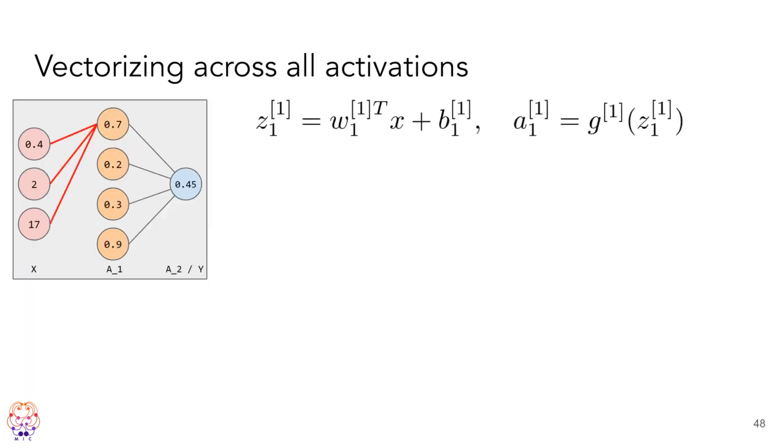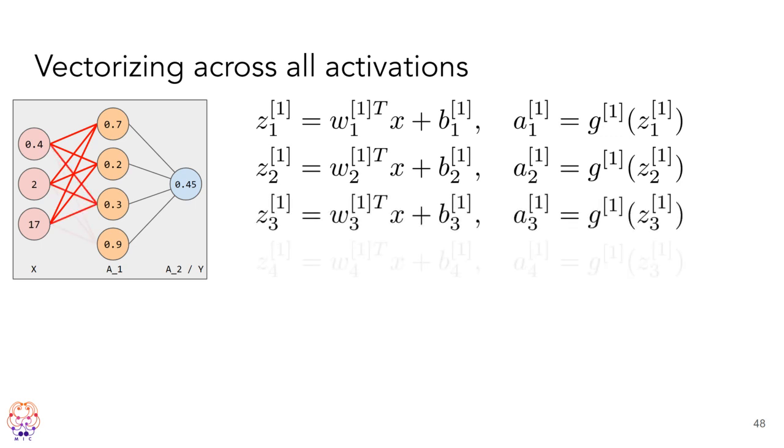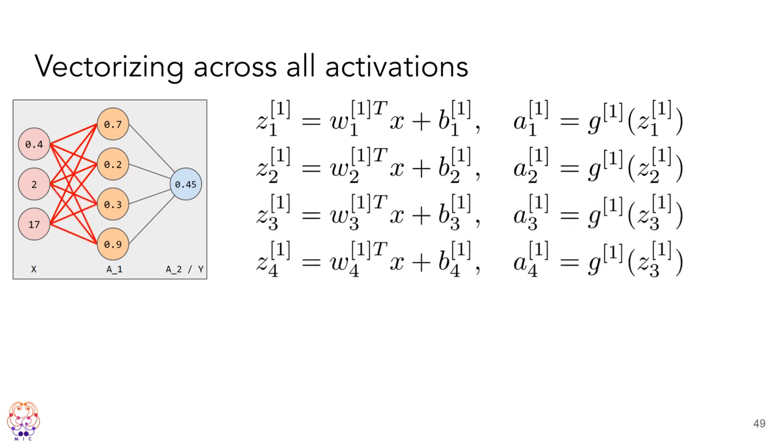So now we're going to do vectorizing across all activations. This is the equation for the first activation. And then we have the equation for the second, and the third, and the fourth. Basically, it's the same thing we had in vector notation, and we are just repeating that, but we don't want to repeat it because we want to vectorize it now.